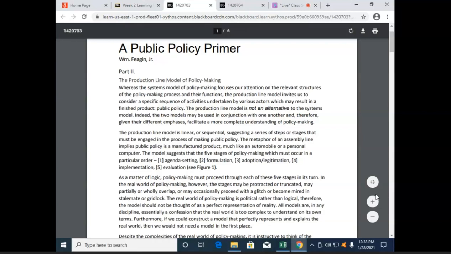The way that we perceive problems informs everything else. It informs certainly the kinds of policy responses that we're going to advocate or embrace in response to the problem.